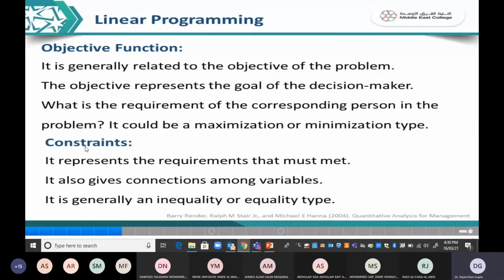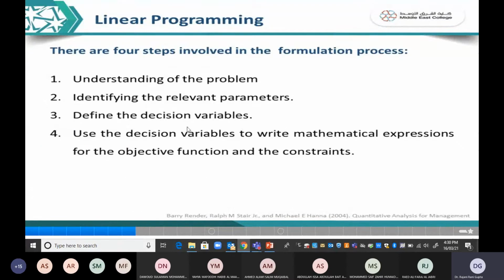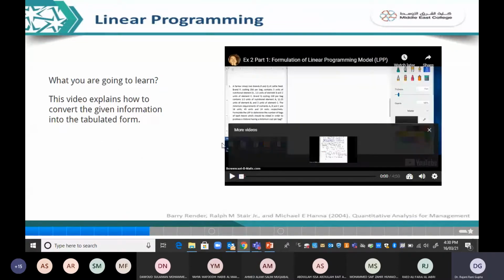First of all, you should understand the problem, identify the parameters and the decision variables, and then use them to form the objective function. So now your answer shows that this is clear to you. Does anyone have any doubt in this particular question?